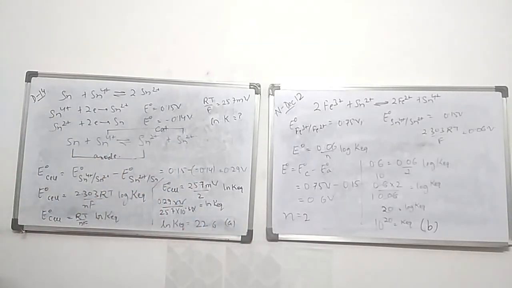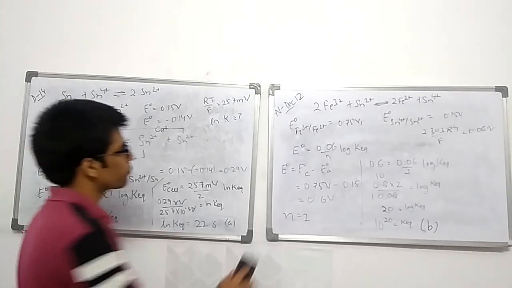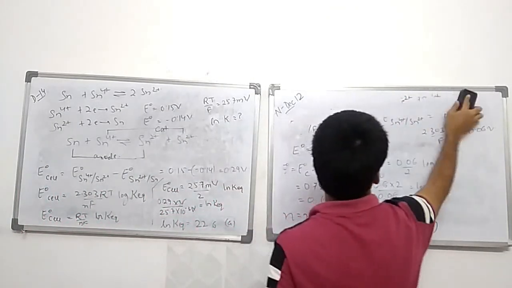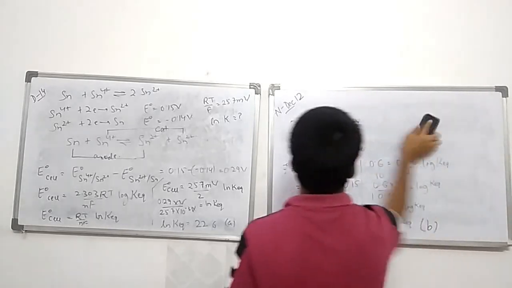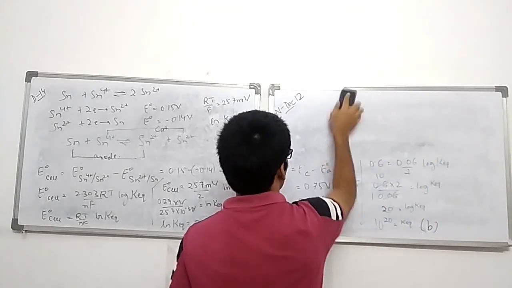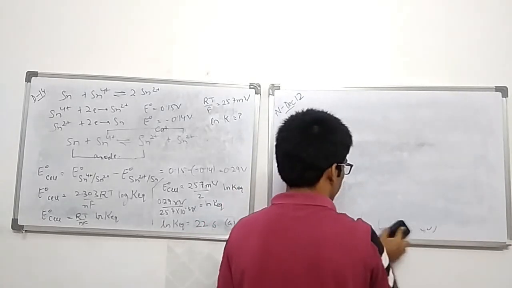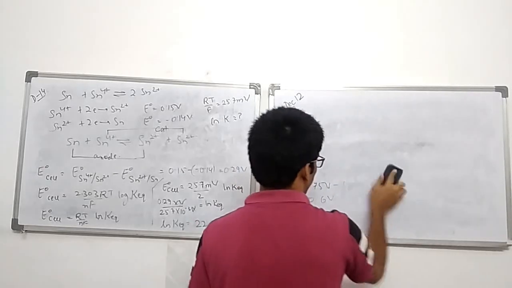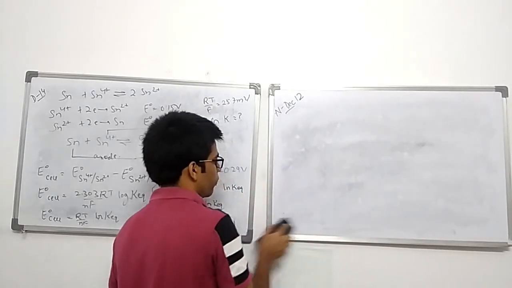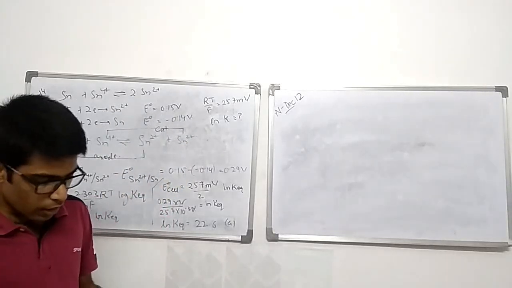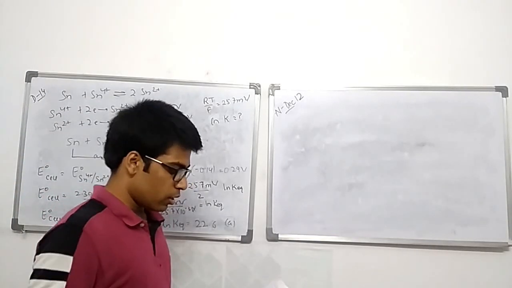Okay. Another question is there from NET December 2013. This is again a question of equilibrium constant. Now the question says they have given you a cell.